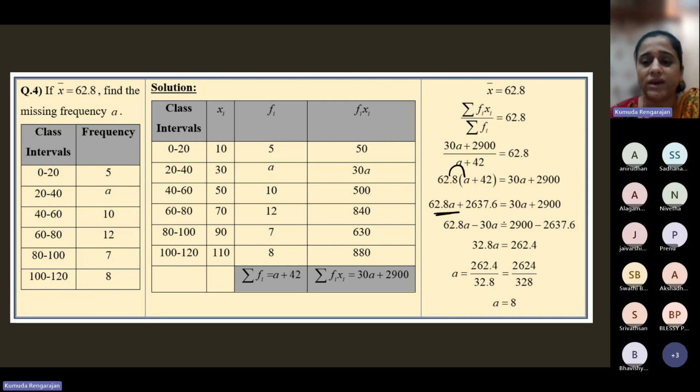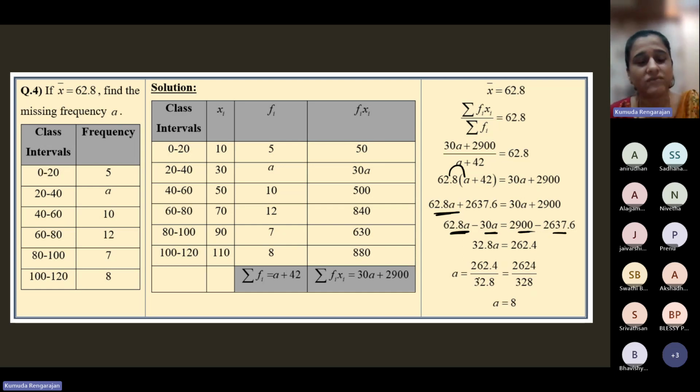Now we're finding the value of A, right? So gather the A terms on one side. This one has A, this one has A. So have it on one side. The numbers, you put them on the other side. There are four terms. Two terms have A in them and two terms are numerical. Have the numbers on one side and the terms that contain A on the other side.